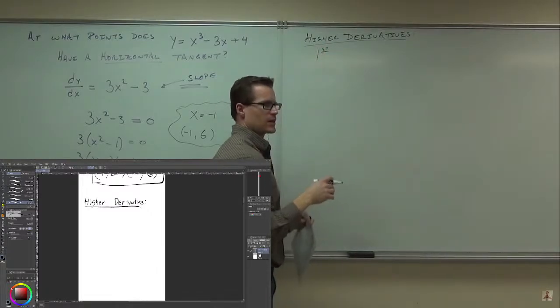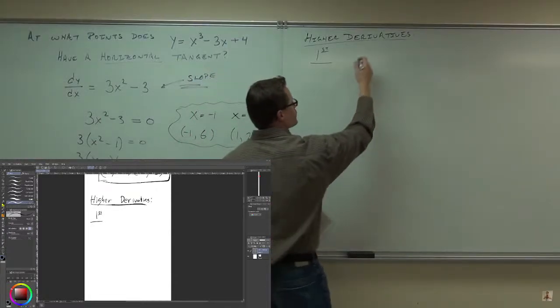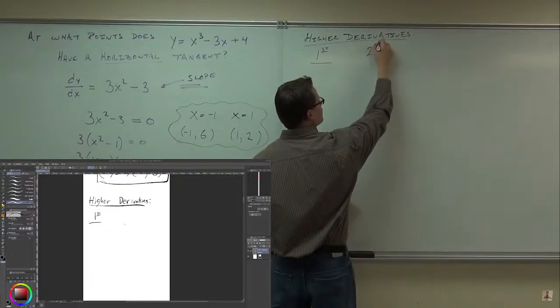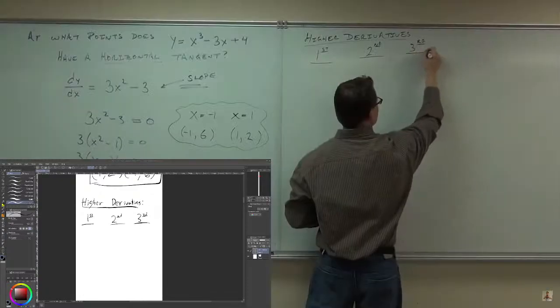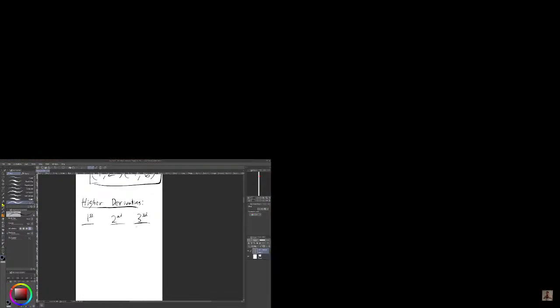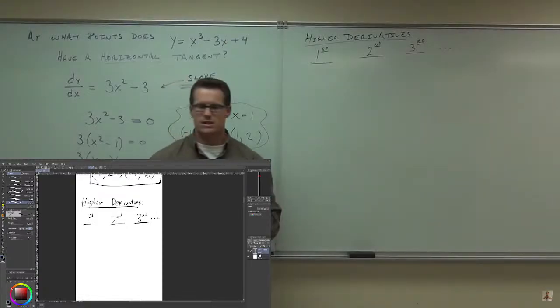I do need to tell you the notation though, how we write out a first and a second and a third and a fourth. So here's a first derivative, second derivative, we'll talk about a third, and you can go further and further, however many derivatives you want to take.